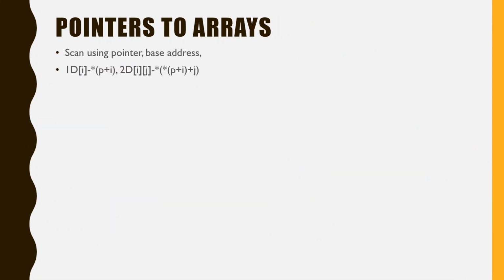Now let us see the concept of pointers to arrays. Suppose you have an array like this: a[5] equals 3, 4, 2, 1 and 6. Suppose this is your array, and you want to have a pointer.